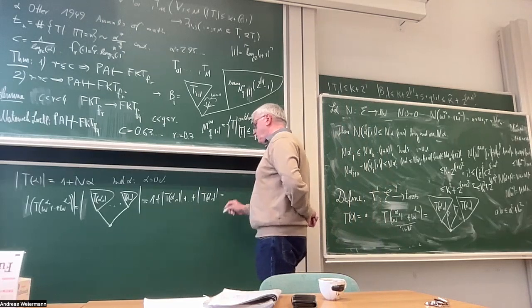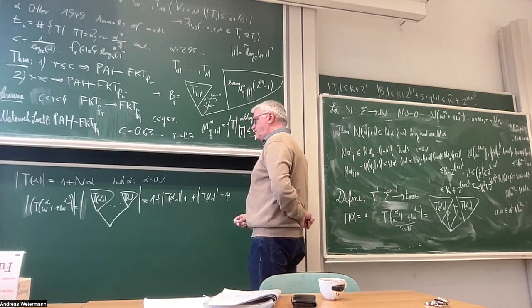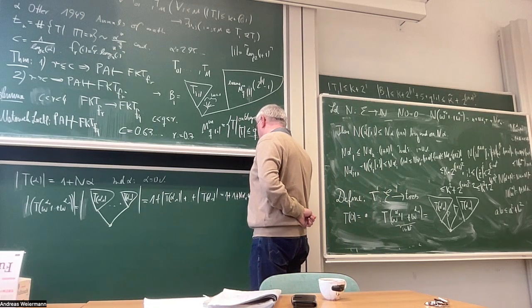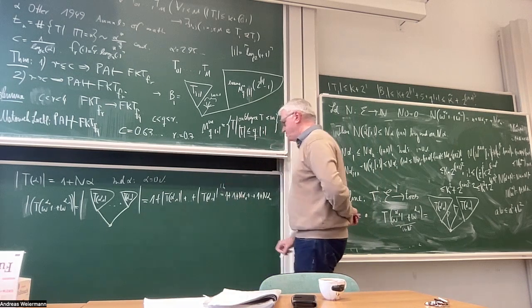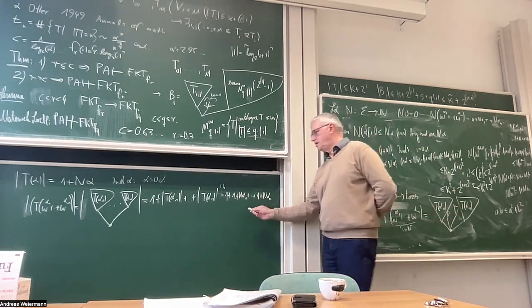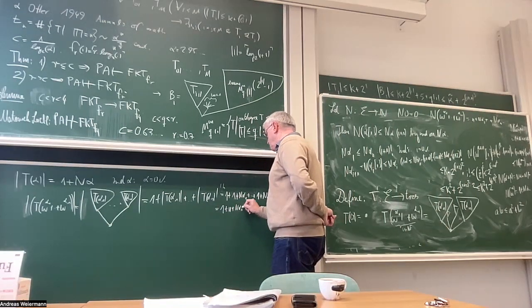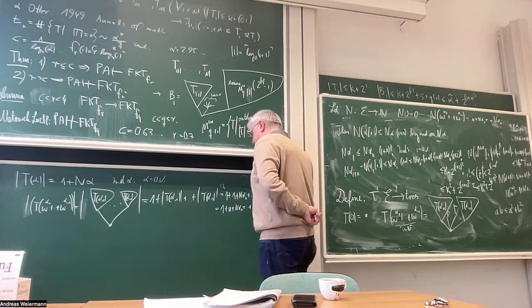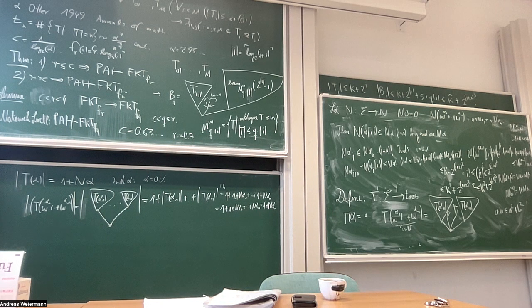Now we apply induction. This one is T alpha 1, so it's 1 plus the norm of alpha 1, plus 1 plus the norm of alpha n, by induction. Now we have n times 1. This is equal to 1 plus n plus norm of alpha 1 plus norm of alpha n, which is 1 plus the norm of alpha. So trivial verification.